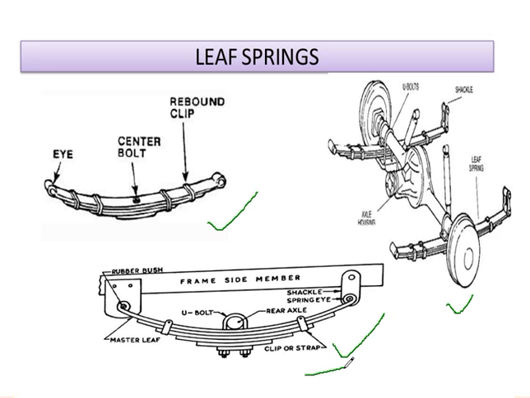The blades vary in length as shown in this figure. The composite spring is based upon the theory of a beam of uniform strength. The longest blade has eyes on its ends. This blade is called the master leaf.